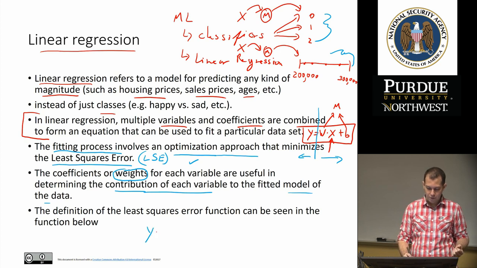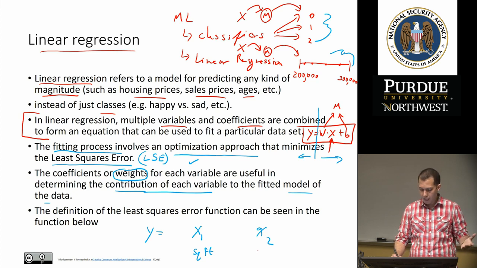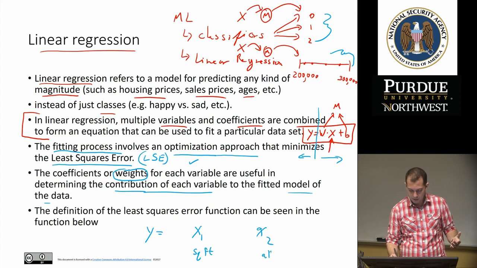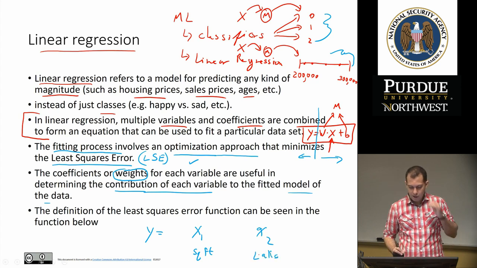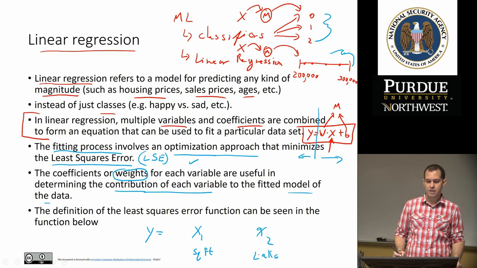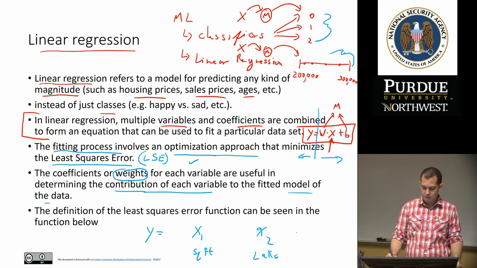So for instance, if you're trying to predict housing prices, you might say X1 and X2, where X1 represents the square footage, right? And then x2 might be, is it near water, is it near a lake or not, right? So lake property, yes or no, right? So these two elements indicate, obviously, the price of the house plus some offset over here.